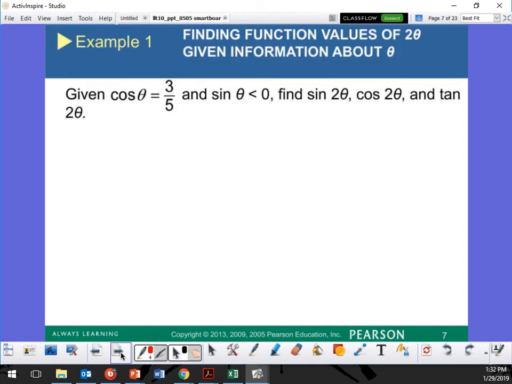Cosine theta is 3 over 5. We know cosine is what and what? Cosine is what over what? X over?